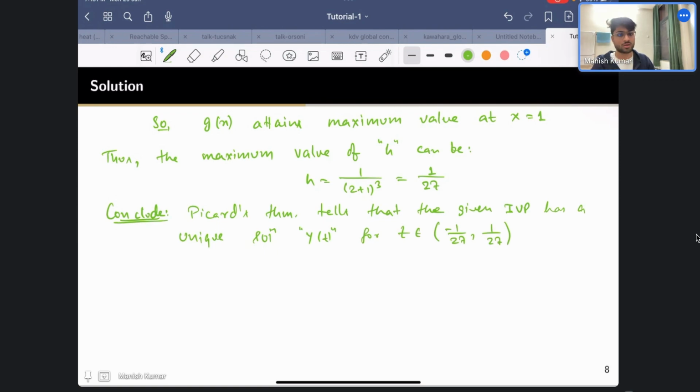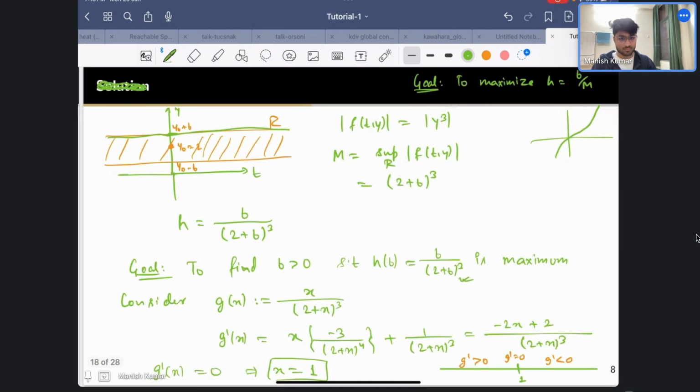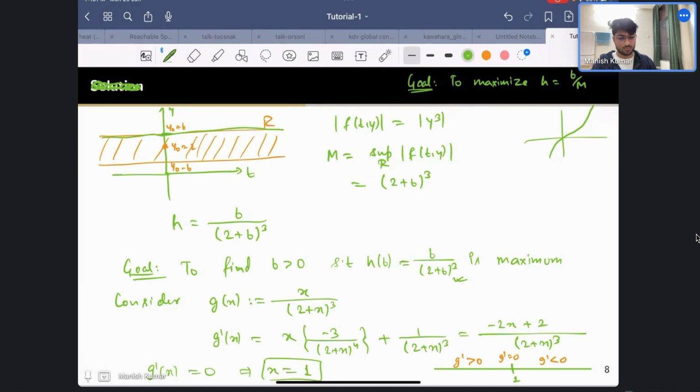So this is what we can conclude here. Was this calculation fine to everyone? Do you have any doubts?